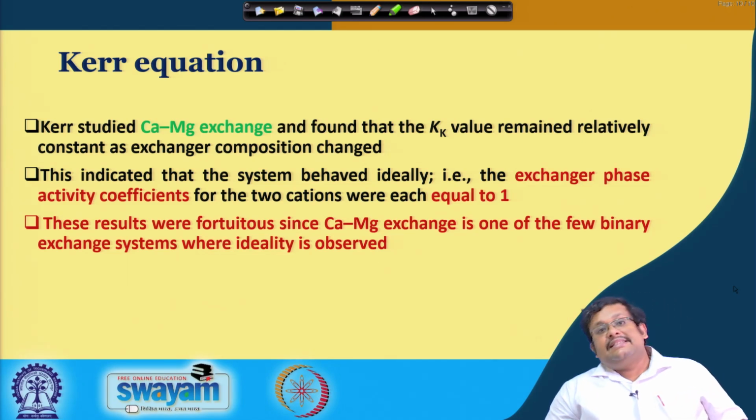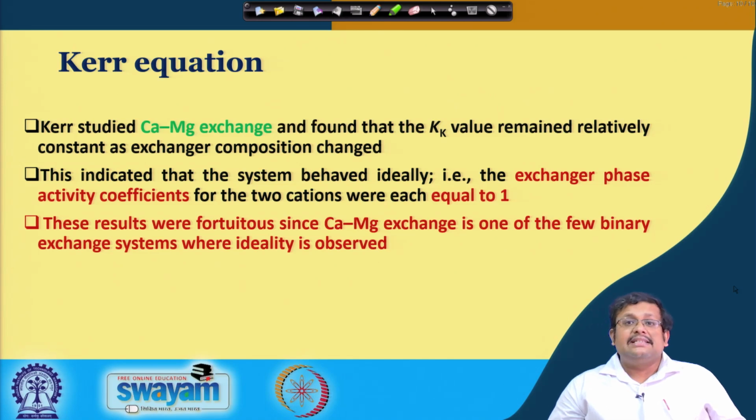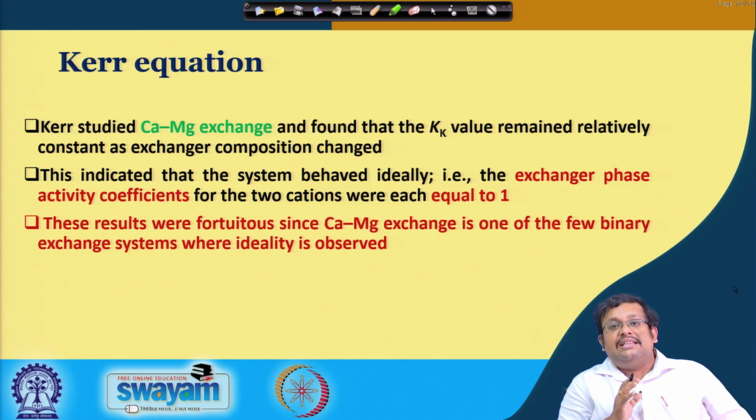This indicated that the system behaves ideally, that is, the exchanger phase activity coefficients for the two cations were each equal to 1. He was fortunate, because calcium magnesium exchange is one of the few binary exchange systems where ideality is observed. In most cases, this ideality is not present.